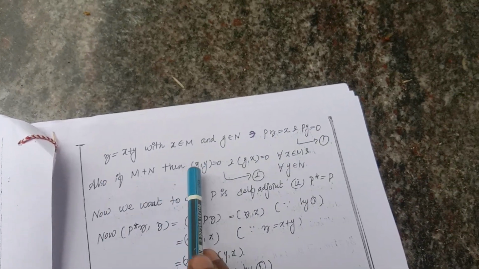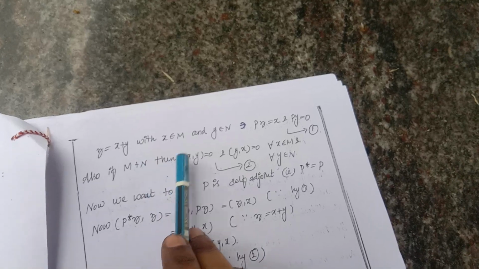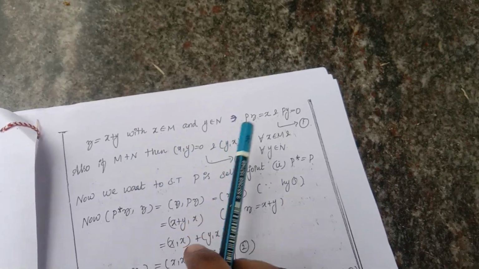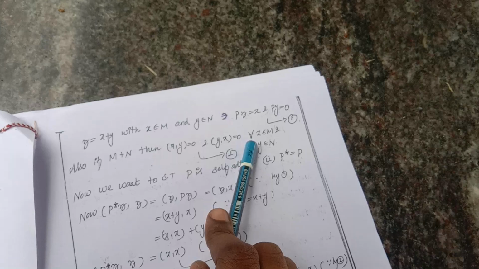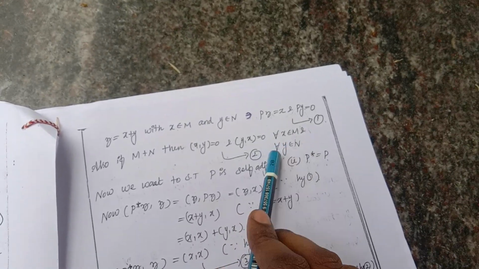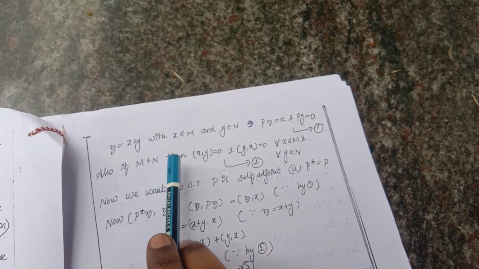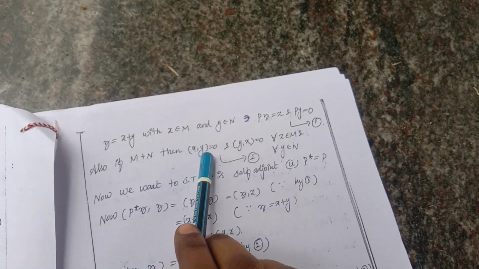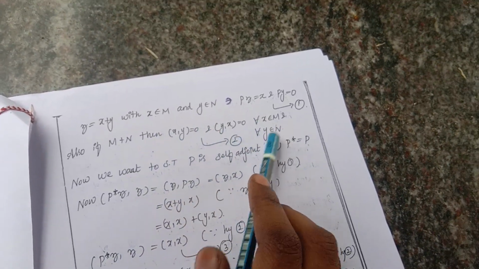And if M is orthogonal to N, then (x, y) equal to 0, (y, x) equal to 0 for all x belongs to M, y belongs to N.